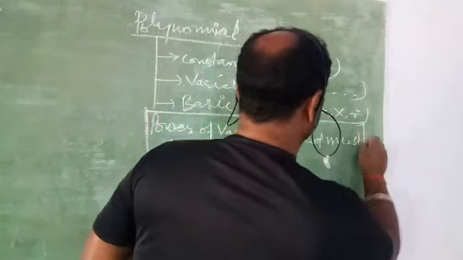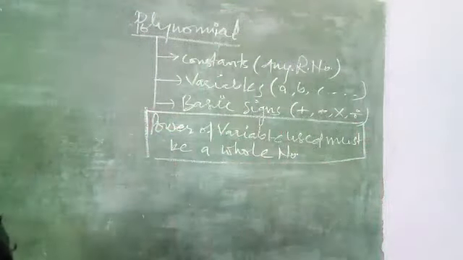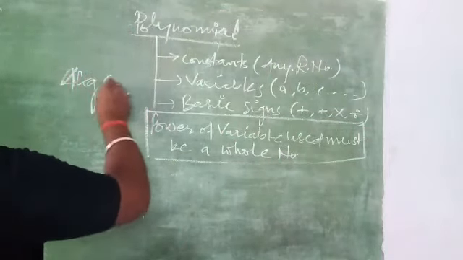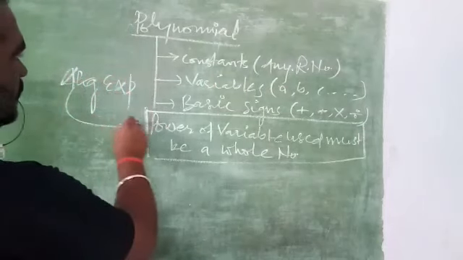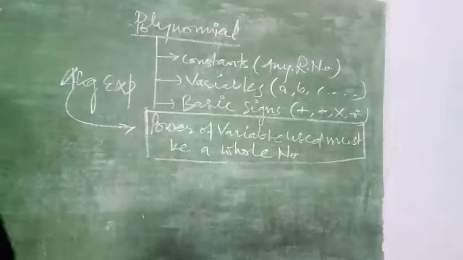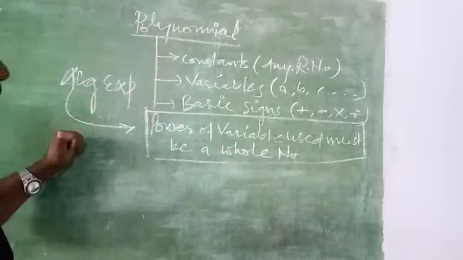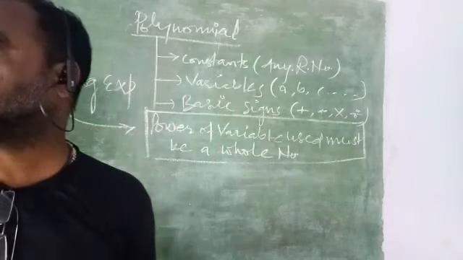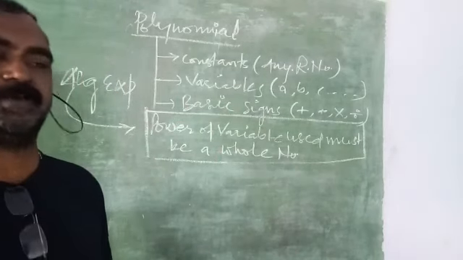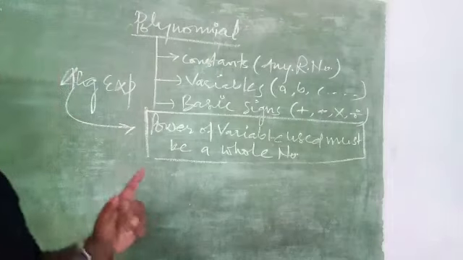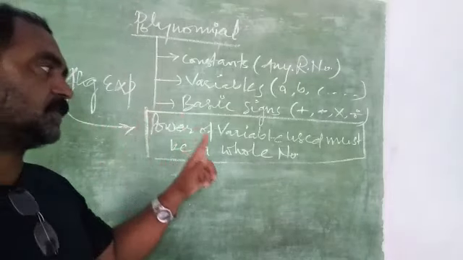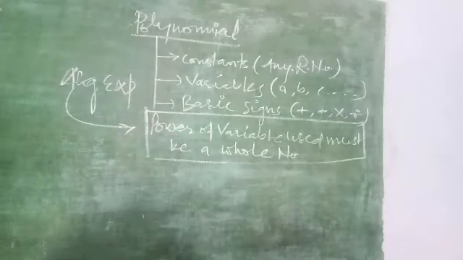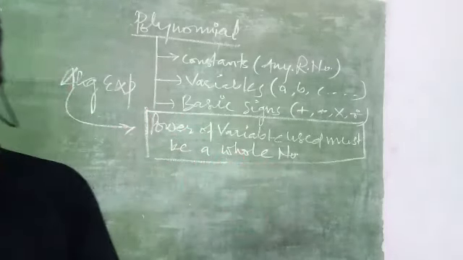This is the condition when an algebraic expression becomes a polynomial. Means polynomial is an algebraic expression in which the variable used must have the exponent as a non-negative integer. Be very careful. The power of the variable must be a non-negative integer. Means power will be a whole number.